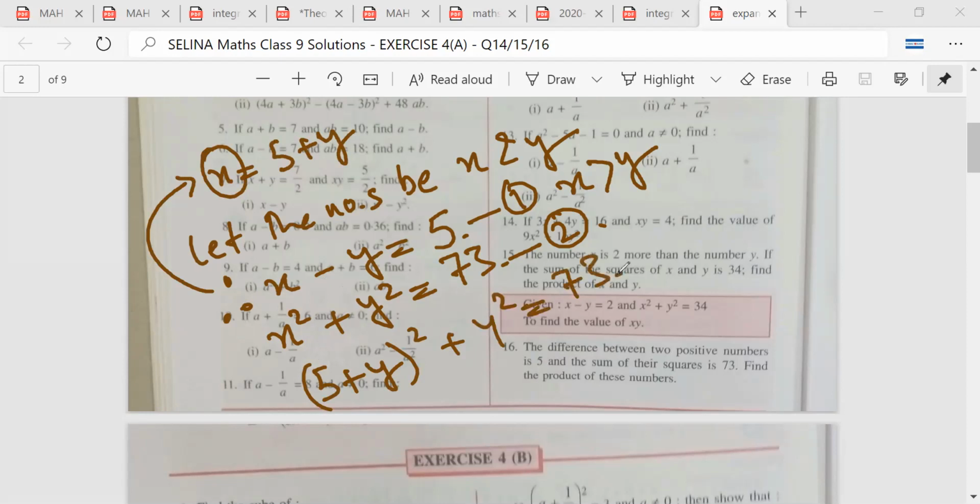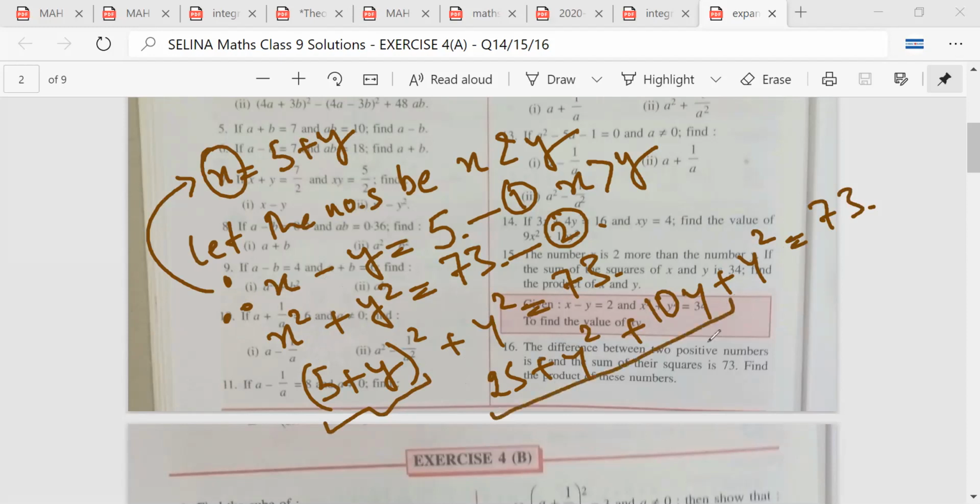Mr. Rudra, any doubt? No, sir. So this will be equal to 25 plus y square plus 10y plus y square is equal to 73. Any doubt? No, sir. This is just an expansion of (a plus b) whole square, that is why it is a square plus b square plus 2ab.